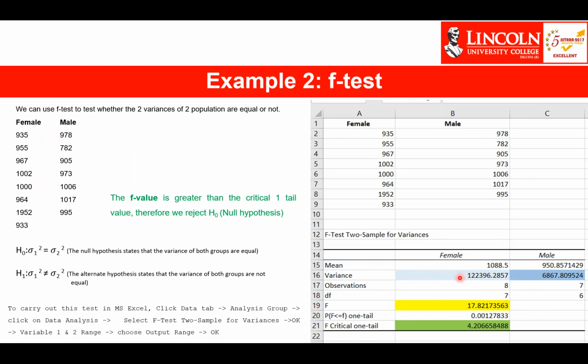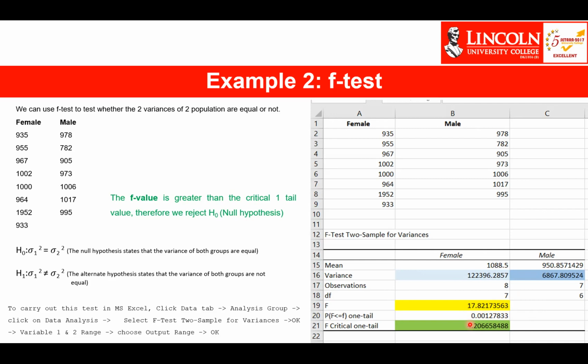When you get this result, you look at the F value and the F critical one-tail value. In this case, the F value is greater than the critical one-tail value. So therefore, we reject the null hypothesis that states that the variances of both groups are equal.